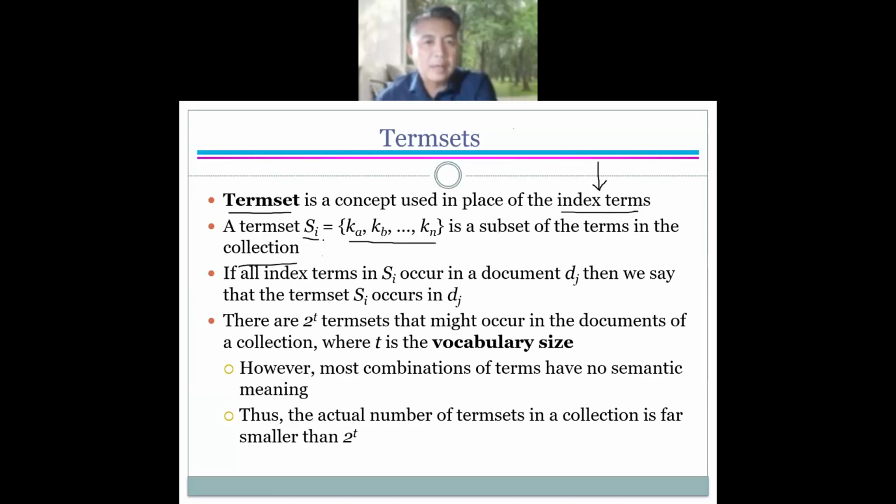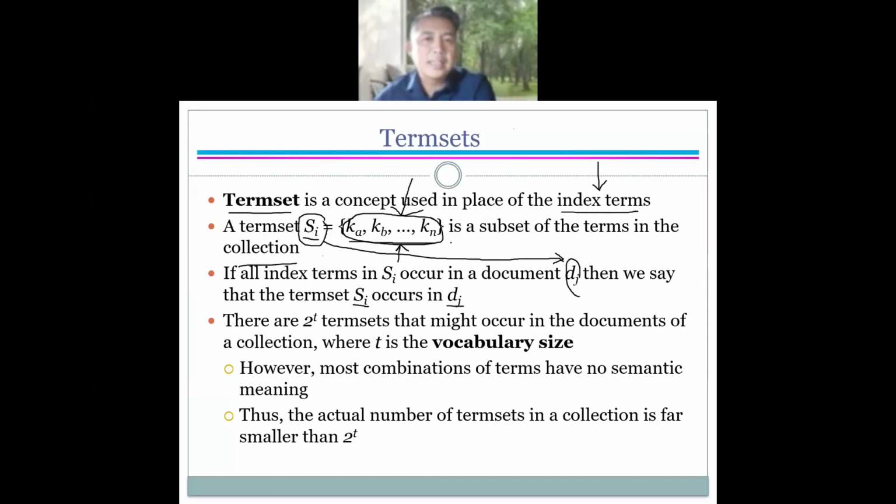If all index terms in the term set occur in document j, then we say that the term set Si occurs in dj. That means all these keywords exist in document j.